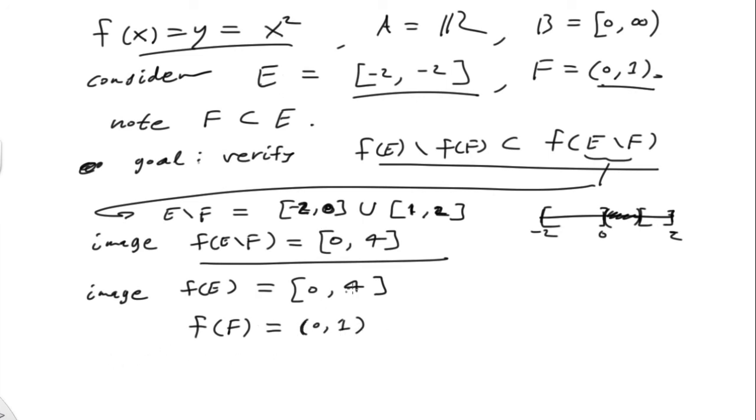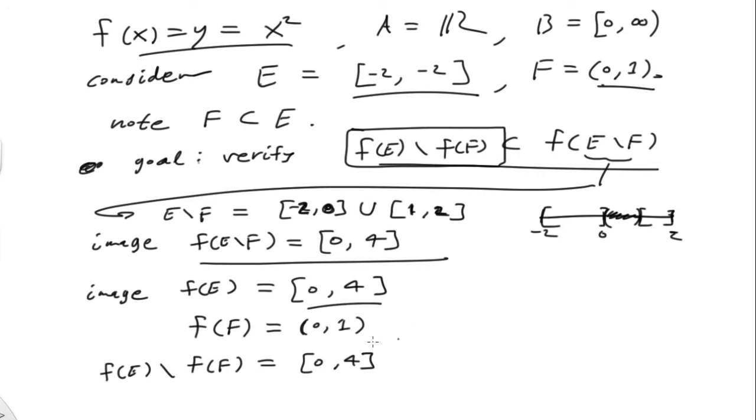Now, if I exclude these points, then f of E, if I take away f of f, I'm just putting it in more explicit form, plugging in here what that is and taking away the open interval 0 to 1. That, of course, is equal to 1, 4.